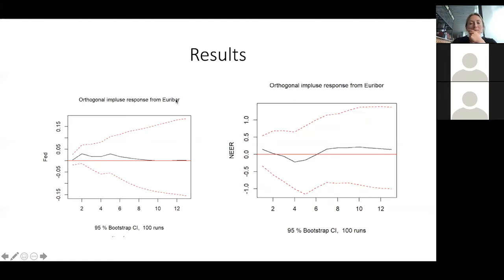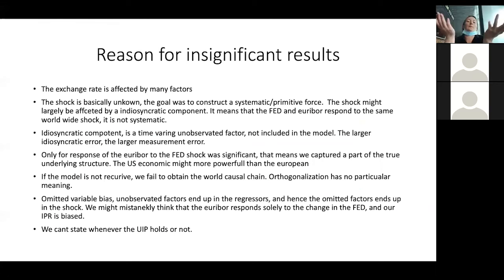But they are insignificant. And this is the result when we make it an orthogonal impulse response to the euro rate. This is insignificant in both cases. We see the response of the federal fund rate is positive but insignificant, and so it is as well for the Euribor, like the nominal exchange rate.